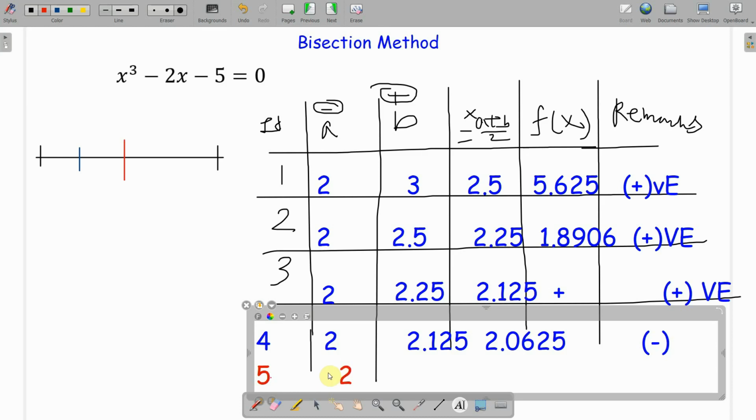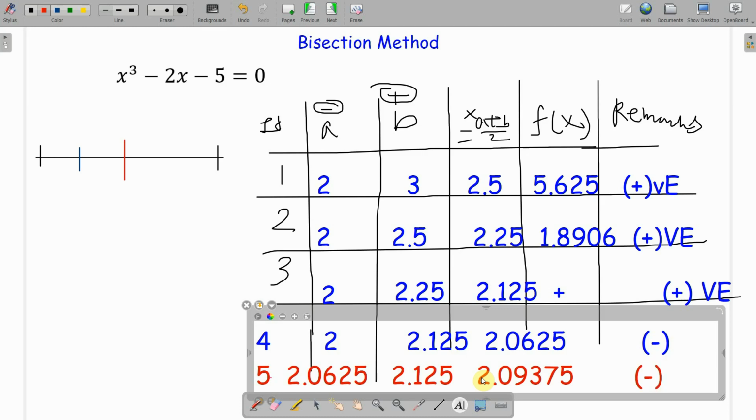So the value will be 2.0625, but the B value will be fixed at 2.125, and then the x value will be, what is the x value? 2.09375. Okay, will the f(x) value come out positive or negative, just tell me.